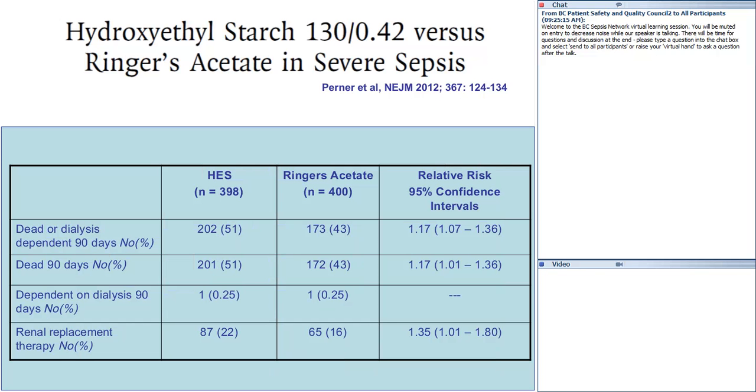So there was an 8% absolute increase in the risk of death if you were resuscitated with starch as compared to the crystalloid fluid. With regard to the requirement for renal replacement therapy during the study period, there was also a significant increase in the requirement for renal replacement therapy for the starch versus the Ringer's acetate group of about a 6% difference.